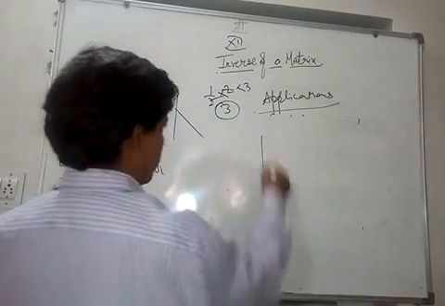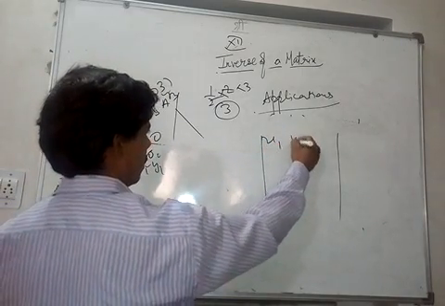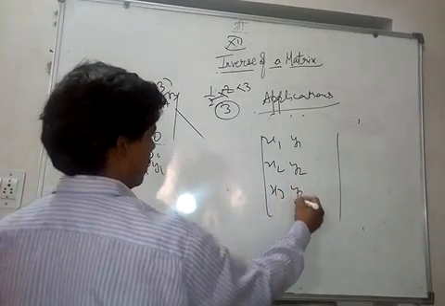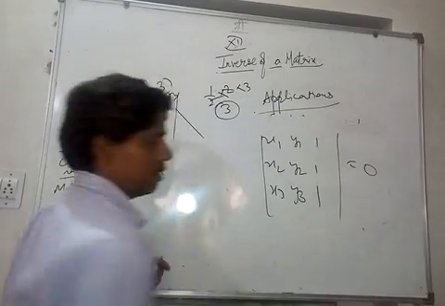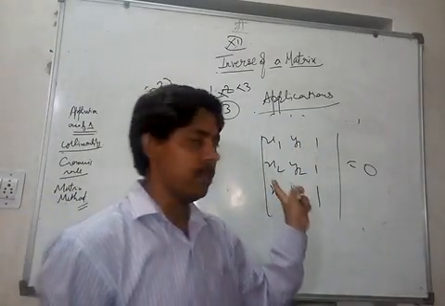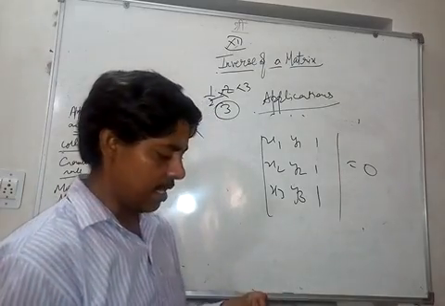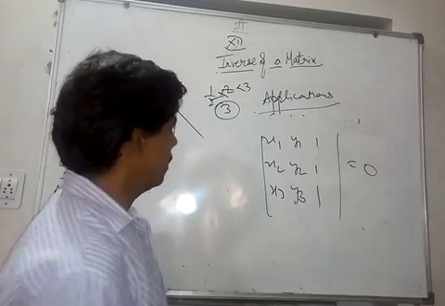Suppose we have three points x1, y1, x2, y2, x3, y3. Check if this determinant is 0; then the three points are collinear, that is, they lie on a straight line. This is a simple application of determinants.